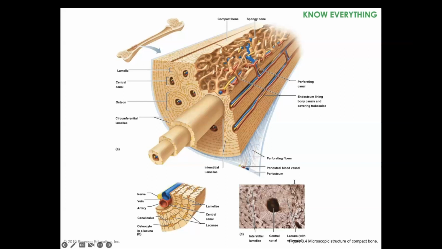Interstitial lamellae form in the dead spaces in between each osteon. And similar to the lacunae found in cartilage, bone is also going to have lacunae that house the osteocytes that create bone tissue. You can see the lacunae and the osteocytes in the bottom left image.